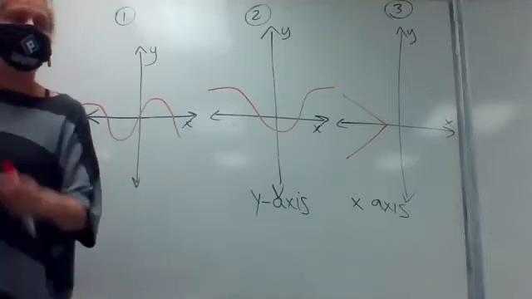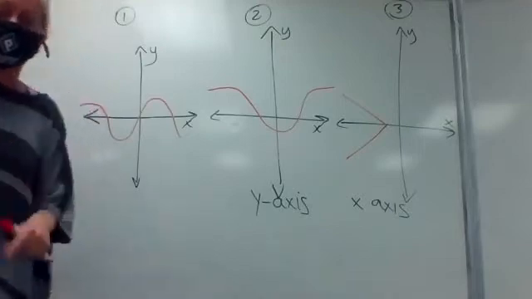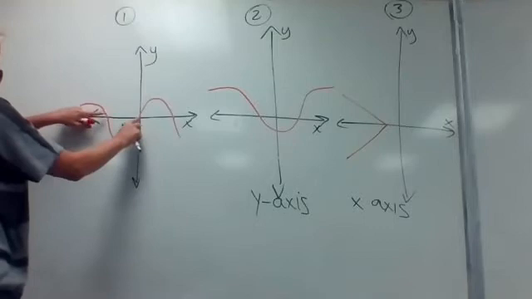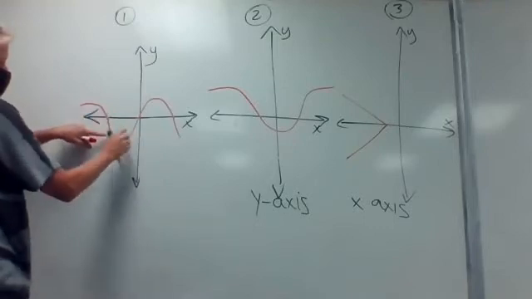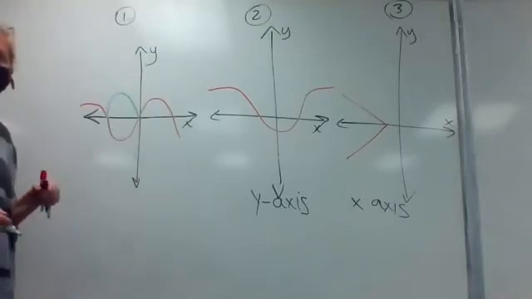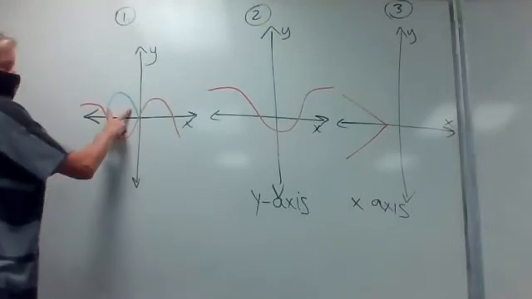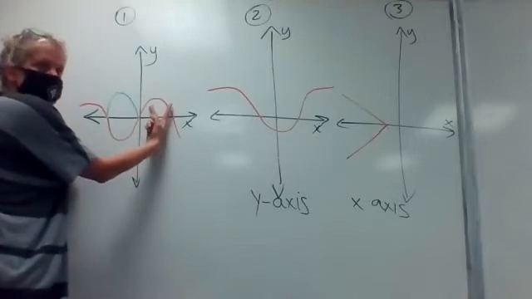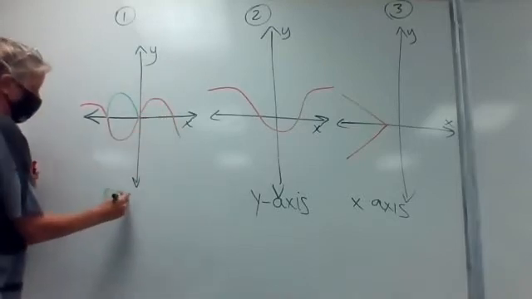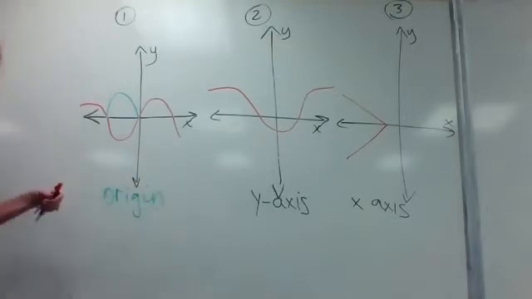Because remember, if you're origin, you're going to reflect x and then y. So let's just not even use this part. Let's just use this part right here and flip it across the x. It'd be right there, right? And then if I flip that across the y, isn't it going to lay on this? So that's why this one is origin symmetry.